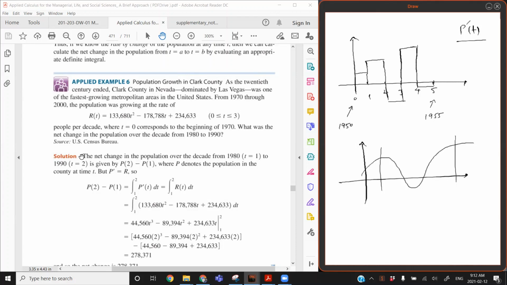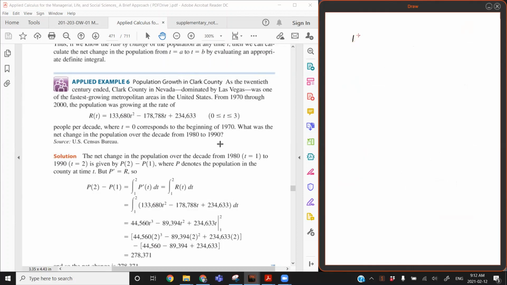Now, what was the net change in the population over the decade from 1980 to 1990? 1980 would be represented by T equals 1, and 1990 by T equals 2. I am looking for the population in the year 1990 minus the population in the year 1980.